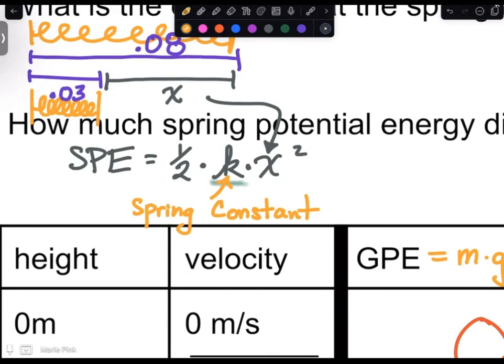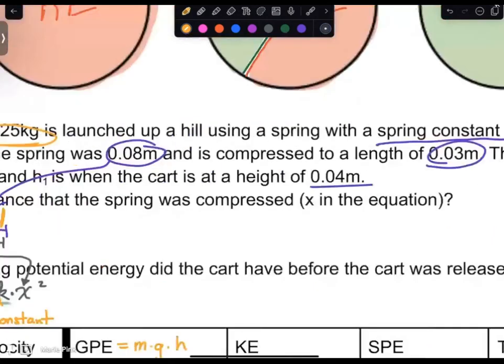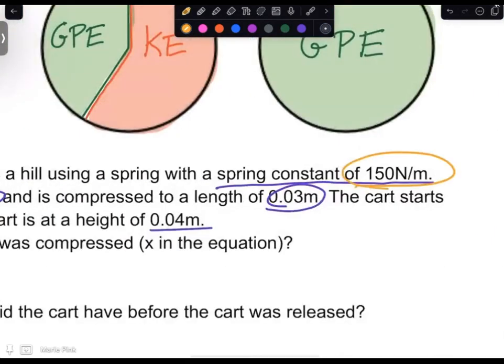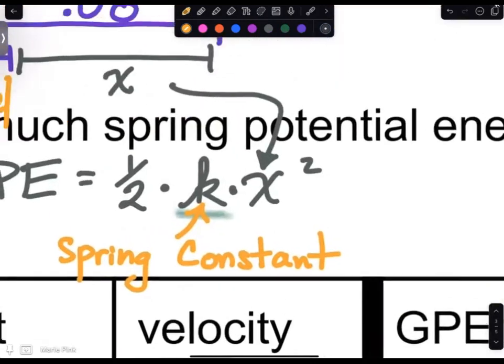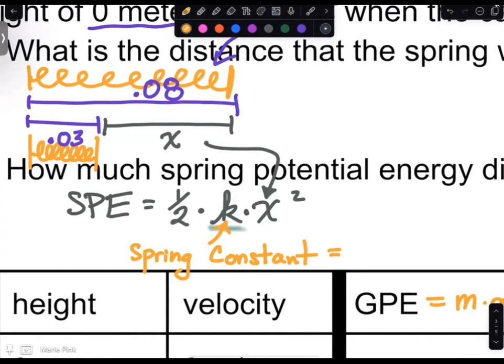Think about like the shocks on your car. If it's a small number, think about like the little tiny springs that are in a pen or mechanical pencil, where you can squish them. And so that spring constant in this case is given to us, and it was 150 newtons per meter. That means that it would take 150 newtons to compress this spring a distance of 1 meter.